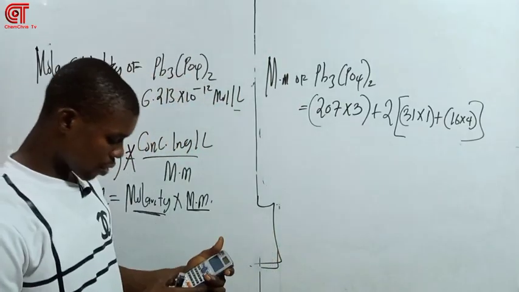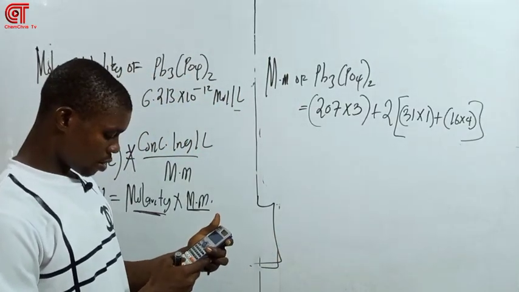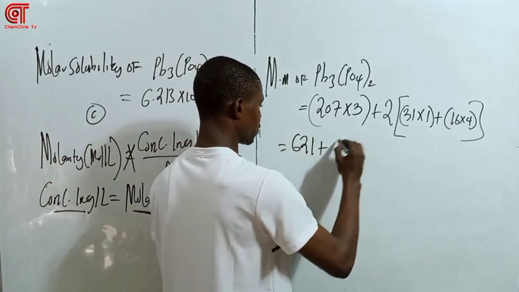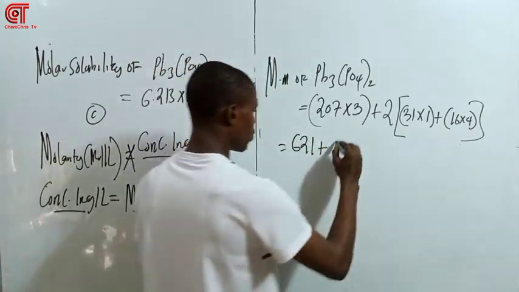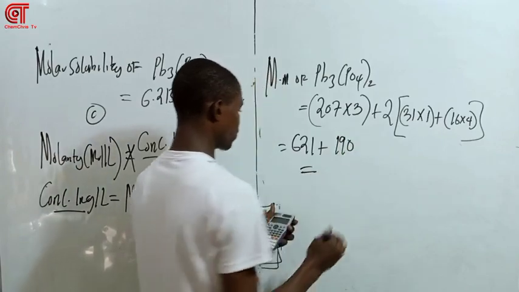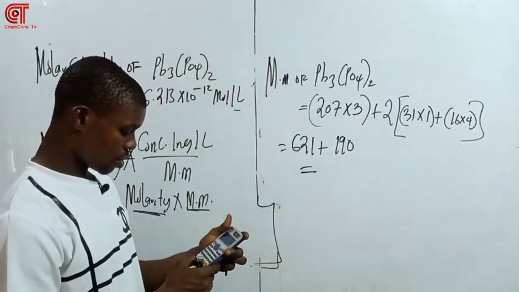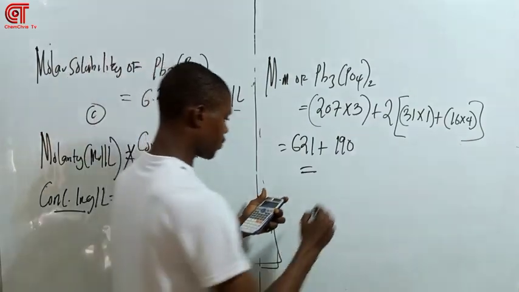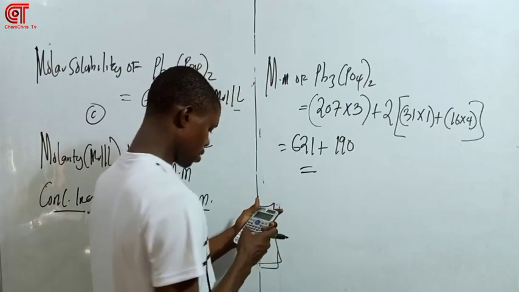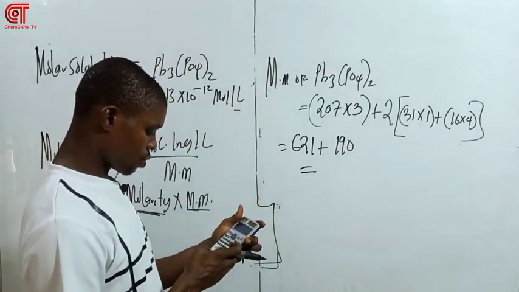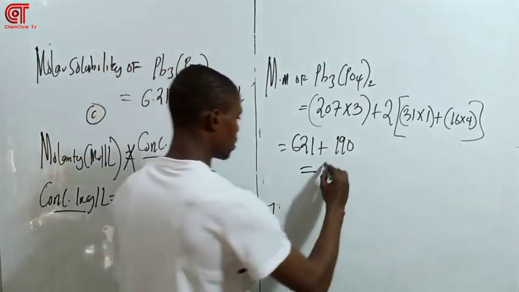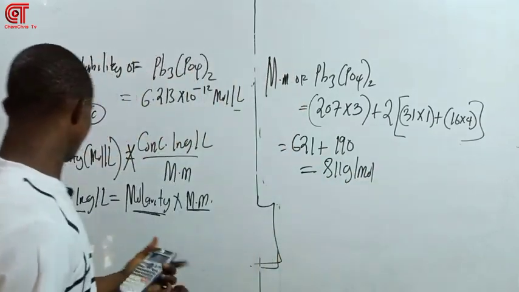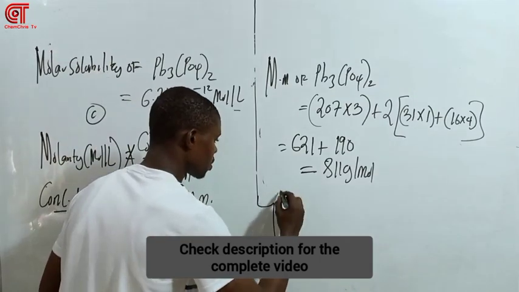So once you calculate 207 times 3, we have 621 plus 190. If you add them together, that gives 811 gram per mole.